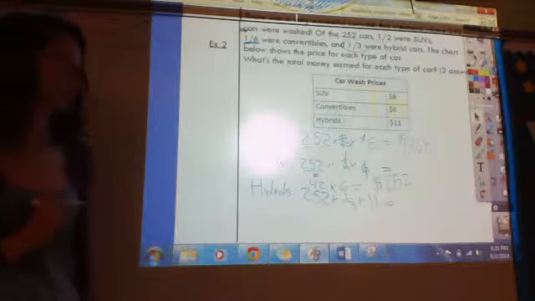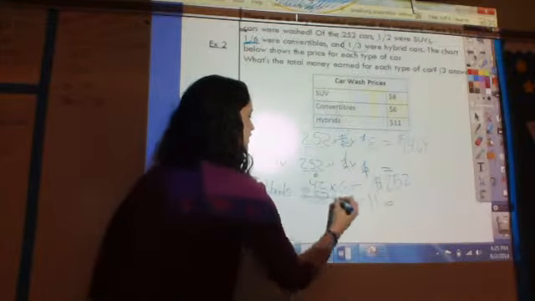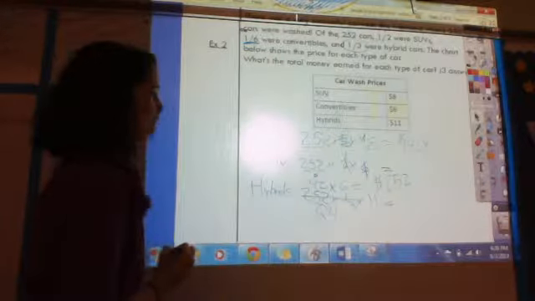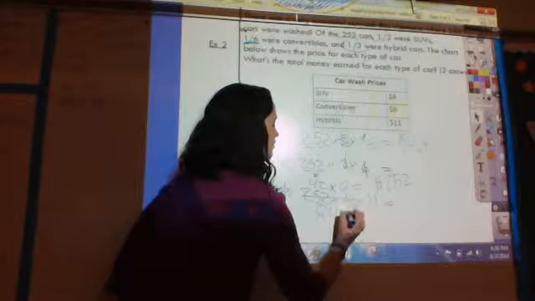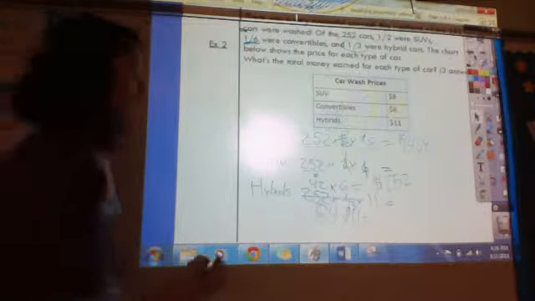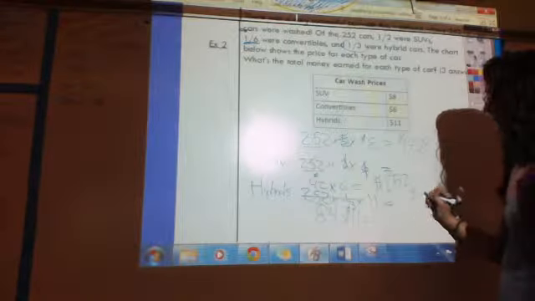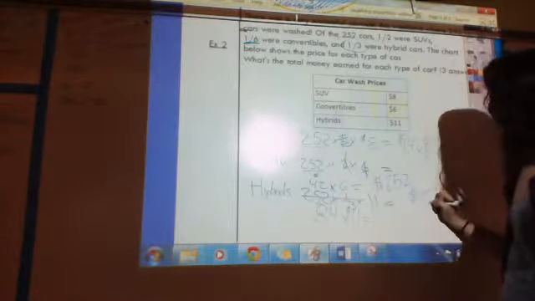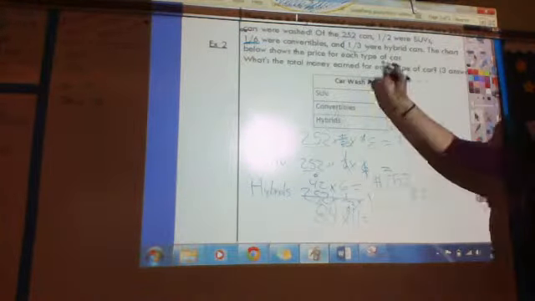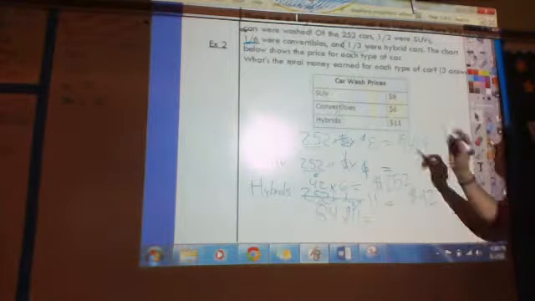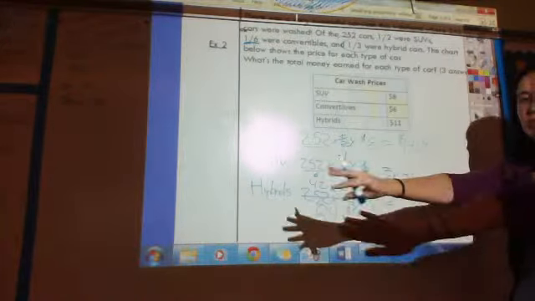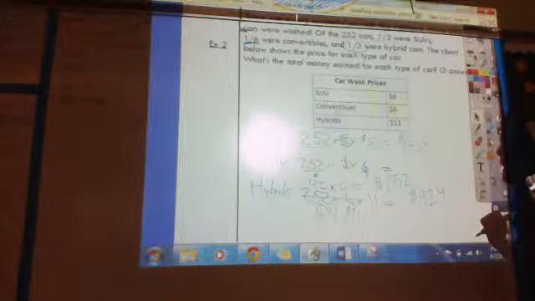Do it. 252 divided by 3 is going to be 84. 84 times $11. What is 84 times 11? The answer is $924. So we did all of that just by using our ratio, our fraction of the number times the price. We found the fraction, we split it up into different pieces, and multiplied by the price.